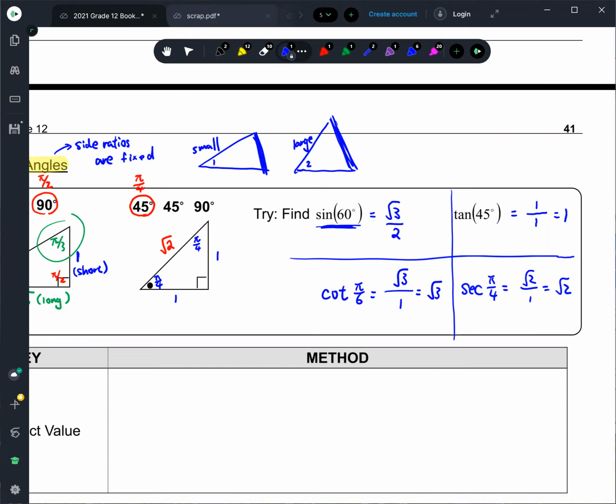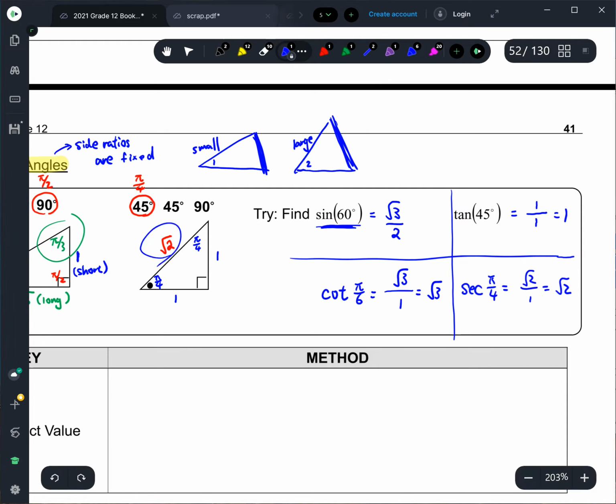So it should be what over what? Which side over which side? Adjacent over hypotenuse. That's cosine. Secant will be hypotenuse over adjacent. Yes, very good. So you take the hypotenuse. Hypotenuse is √2. Adjacent is 1, so √2 over 1.